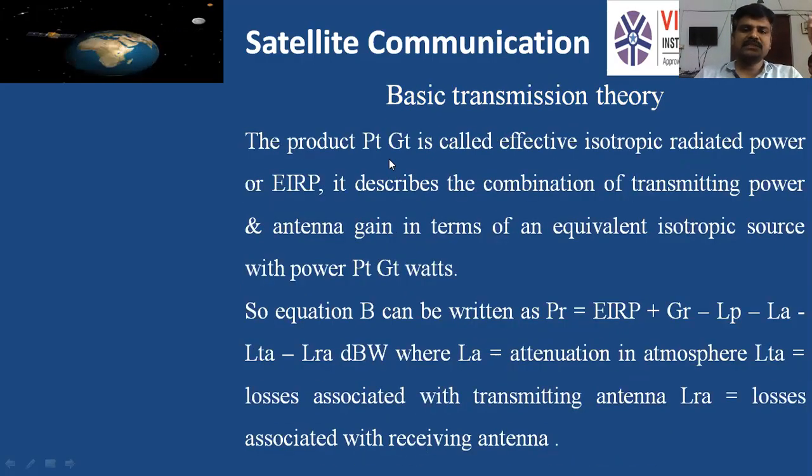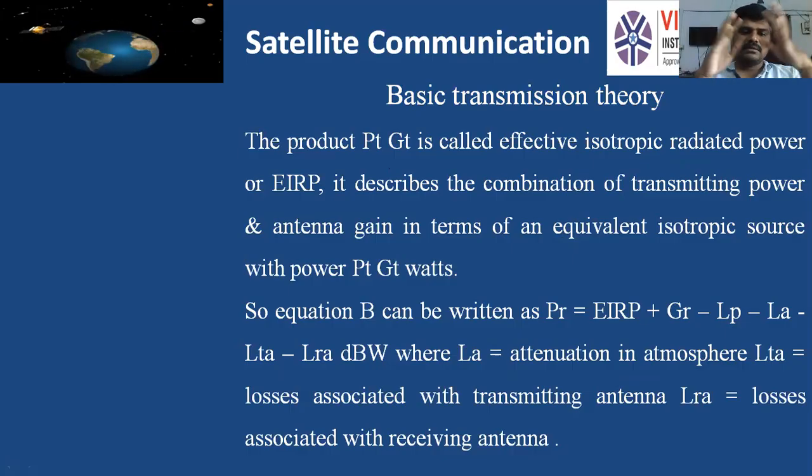The product, that is PTGT, is called as EIRP, that is effective isotropic radiated power. It describes the combination of transmitting power and antenna gain in terms of isotropic source.